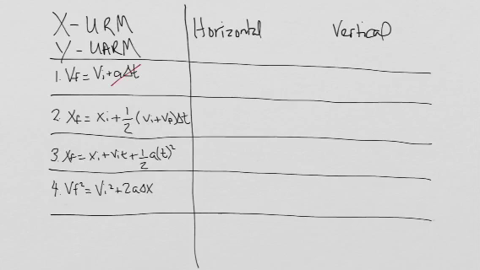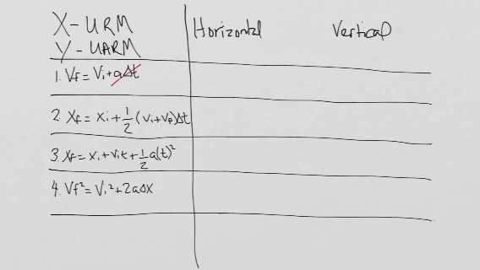One of the first things you should be looking at when you look at these equations is what chunks of variables you can just get rid of, because that makes your life a lot easier when there are fewer letters in an equation. So if you look at equation number 1 and you're only looking at URM, that whole back chunk, acceleration times time, you get rid of it because you don't have any acceleration.